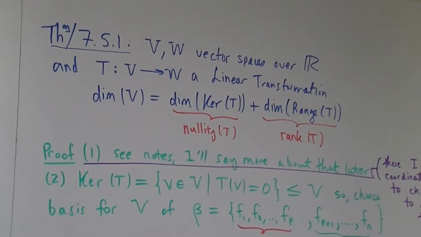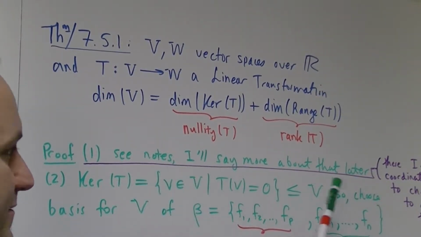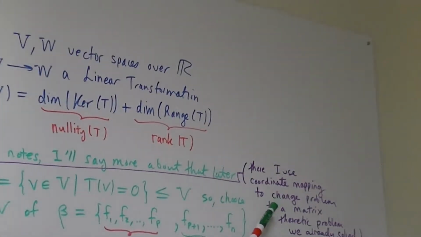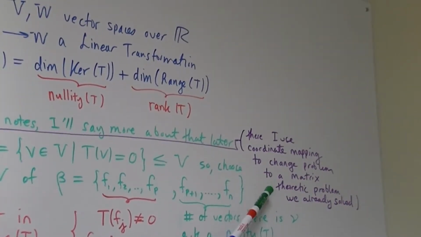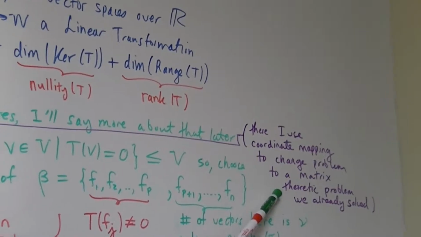So I gave two proofs in the notes. The first proof, I'll let you look at the notes. I'll try to say more about that later at some point or another. Basically what I do there is I use the coordinate mapping to change the given problem to a matrix theoretic problem.